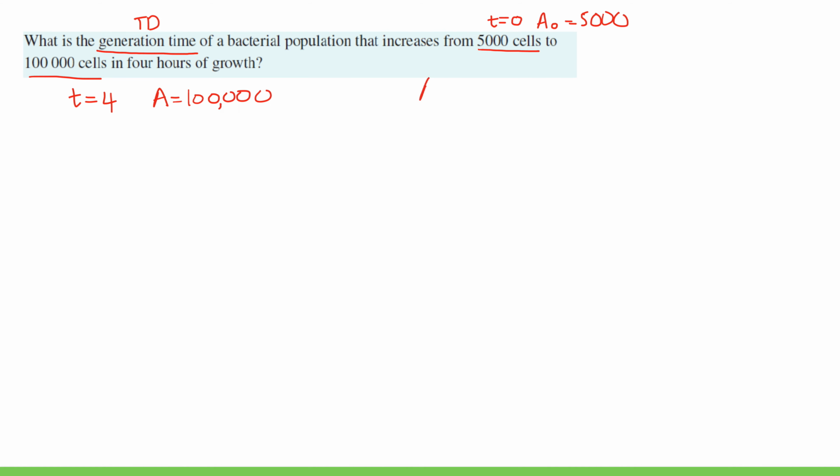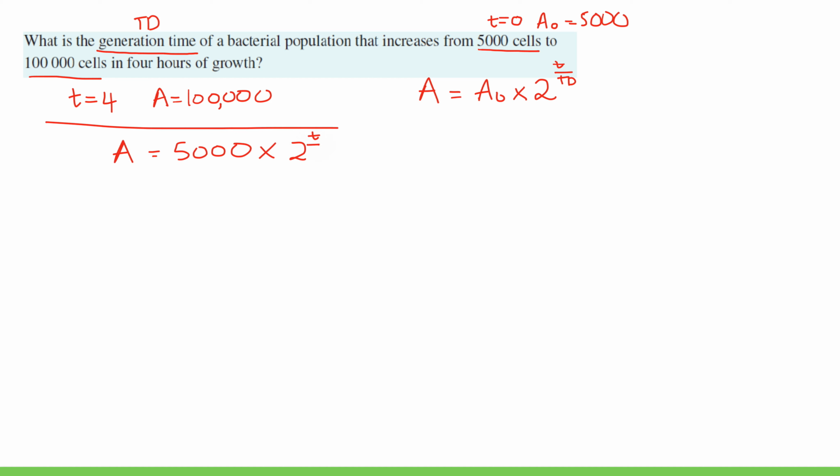So I can model my equation. It'll be A equals A0 times 2 to the power of t on TD, where TD is my generation time, and that's what I'm looking for. I can now substitute in my A0 because I know what it is initially. And now I can use this other point to help me find the unknown.